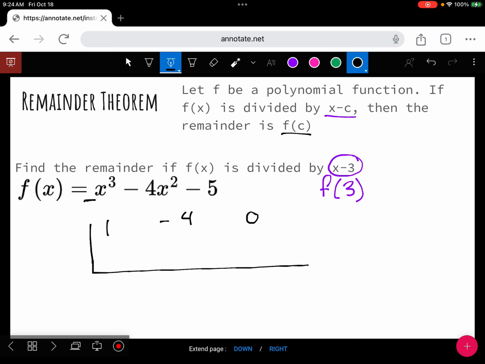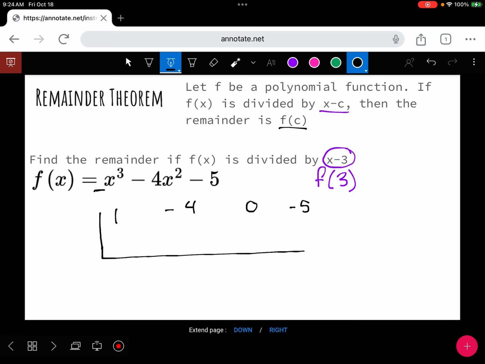We have to use every term. How about our constant? -5. When we use our roots, the number we put outside, that's going to be that c, the same thing we did when we were finding f of c, when we figured that 3 out. That's going to be the piece we divide by here.